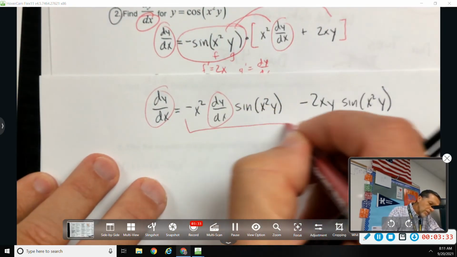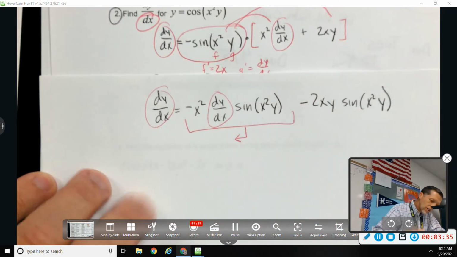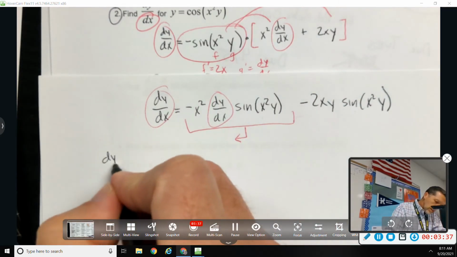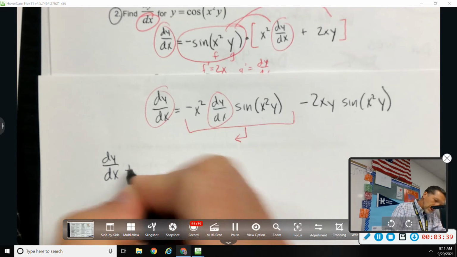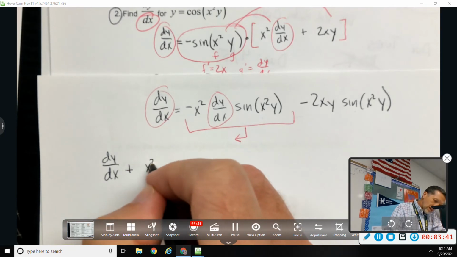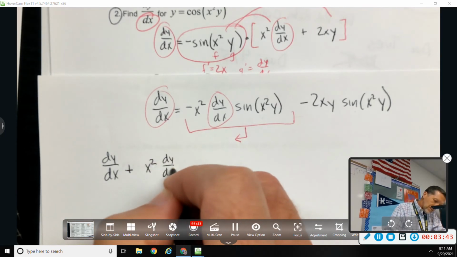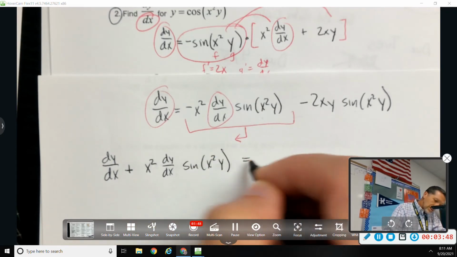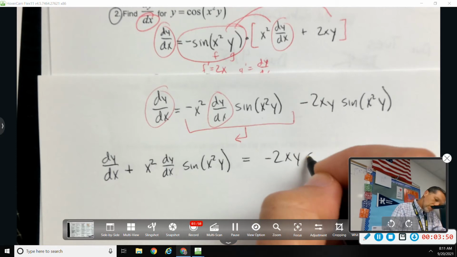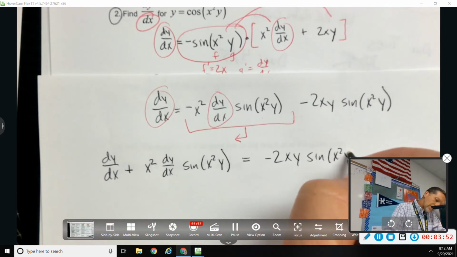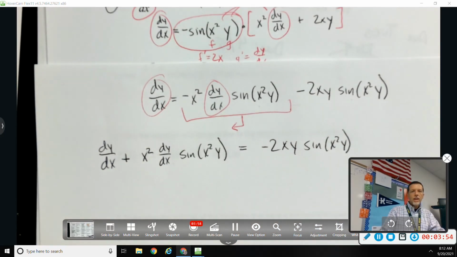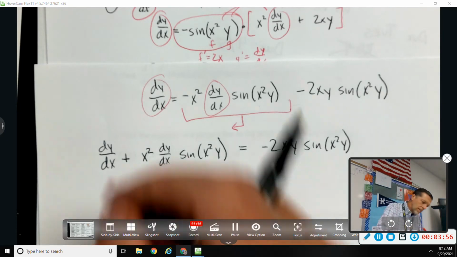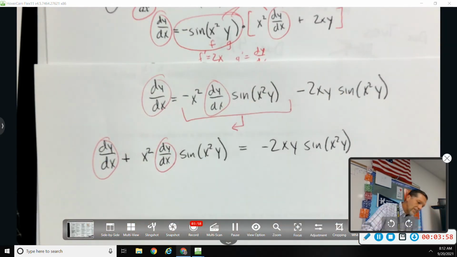So I think I'll move this over. So dy/dx plus x squared dy/dx sine of x squared y equals negative 2xy sine of x squared y. Now we're like 2 steps away.